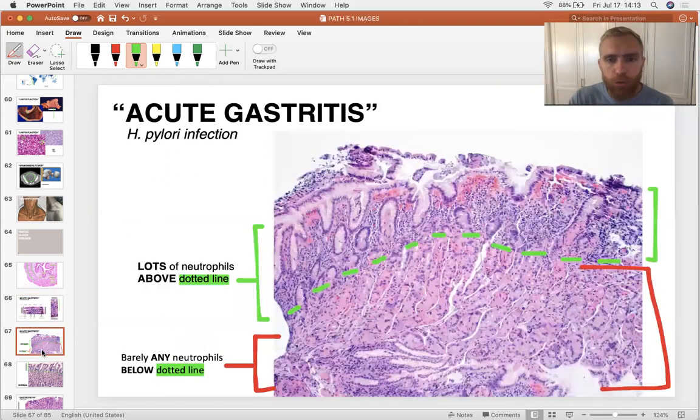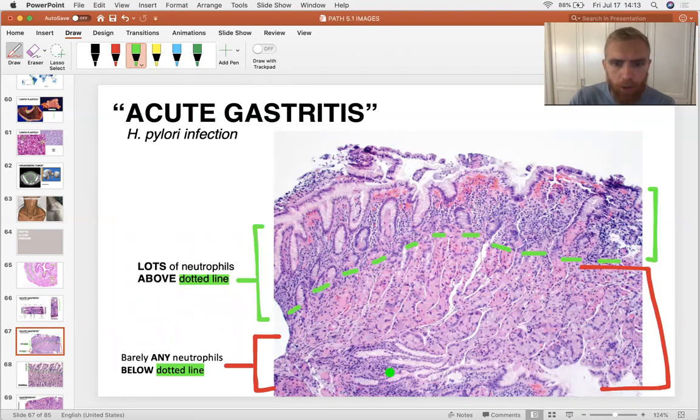And so you're going to see neutrophils in the neck zone in an acute gastritis, and that's exactly what we're observing on the tissue pictured on this slide. Notice how many neutrophils we're seeing above the dotted line that I've drawn in green. And there's lots of redness up in there too, representing just some small hemorrhaging.